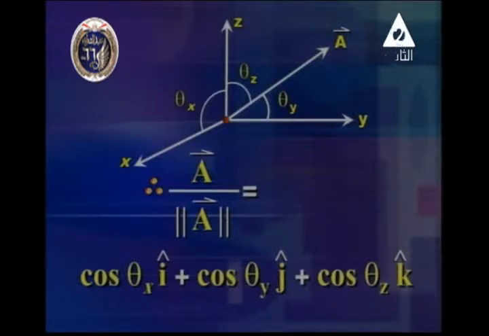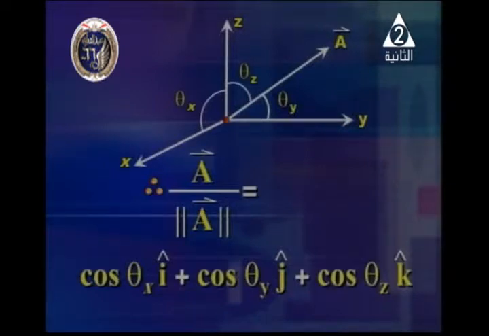We have 3 dimensions, x, y, z. Look, dear students, theta x is between OX and the vector, and theta z is between 2 planes.